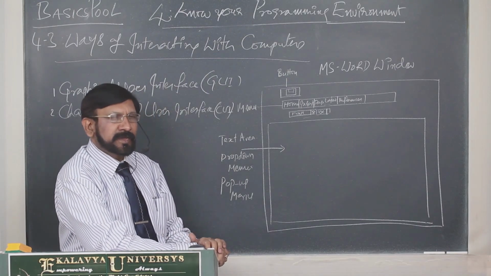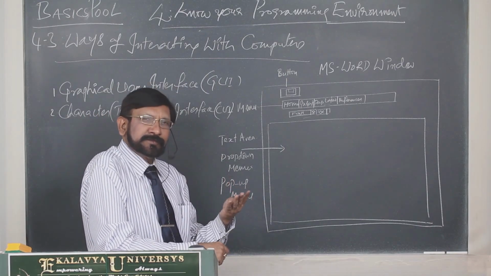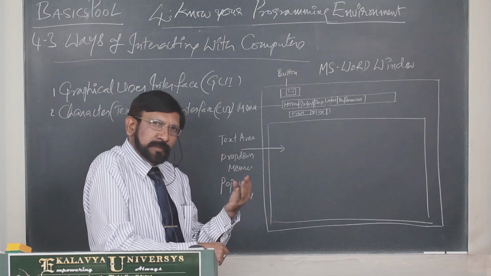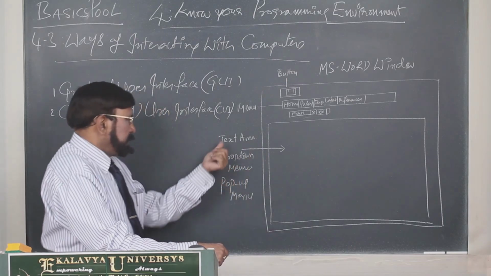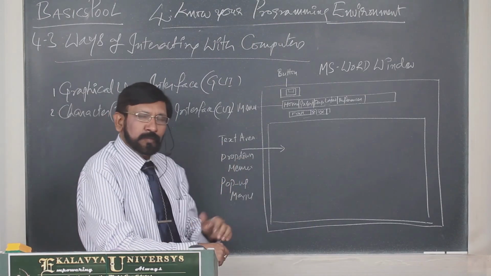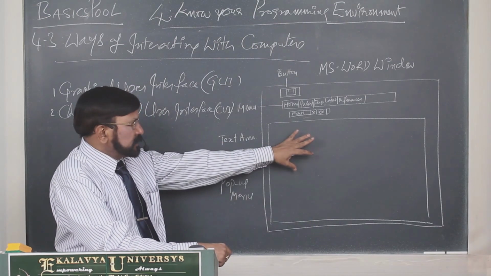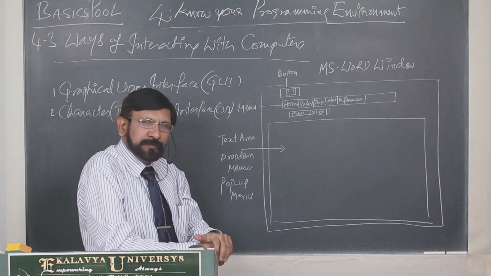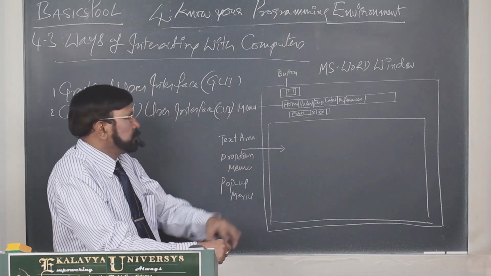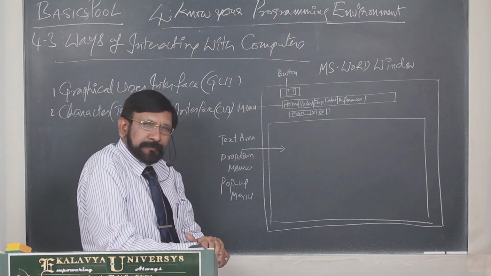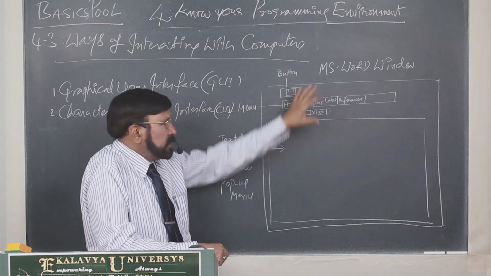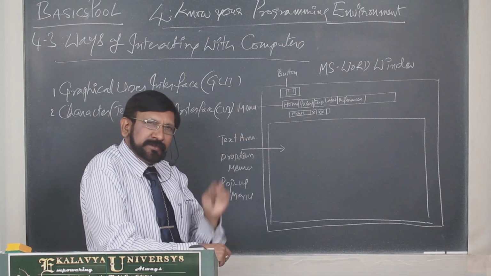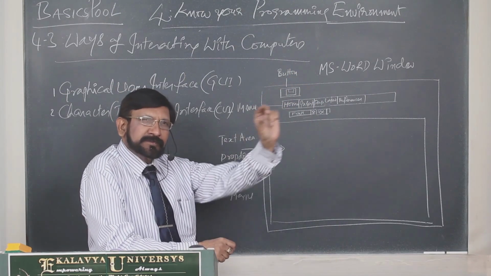All these elements can be classified as buttons, menus, drop down menus, pop up menus, text areas, dialog boxes and so on. With reference to this MS Word window, I briefly explain about them. First one is button. You can find several buttons here, and every button represents one task.